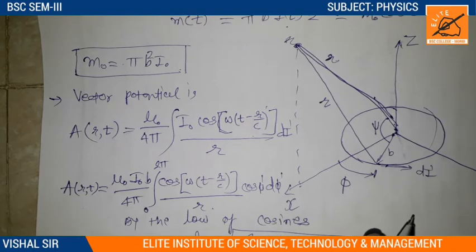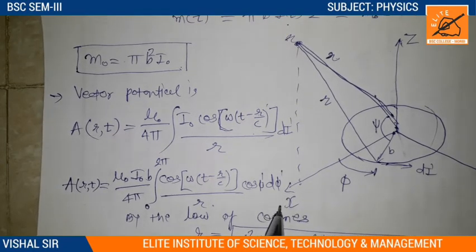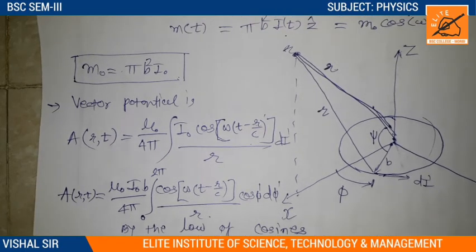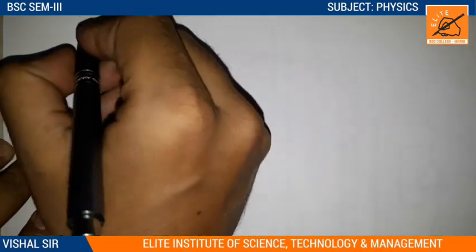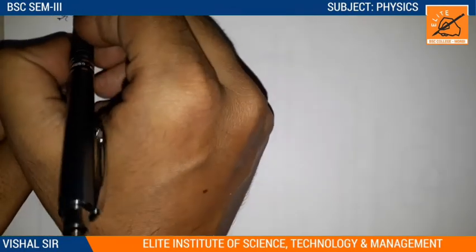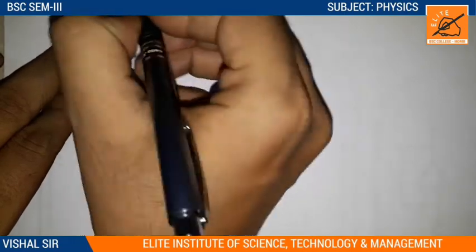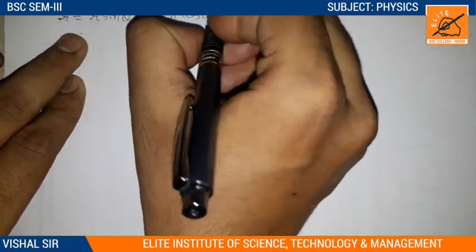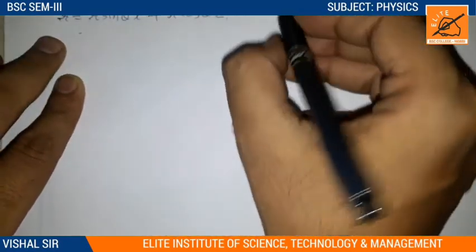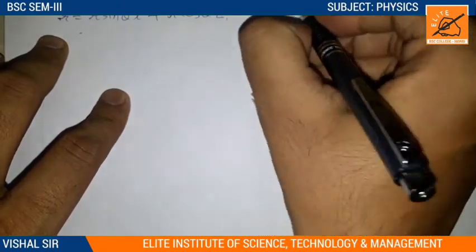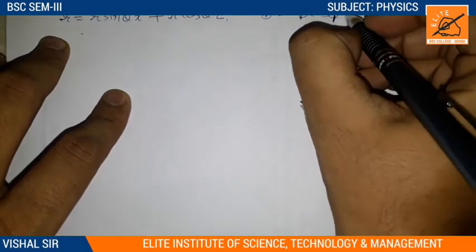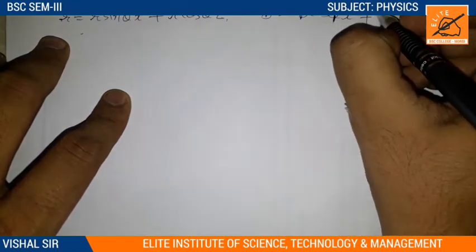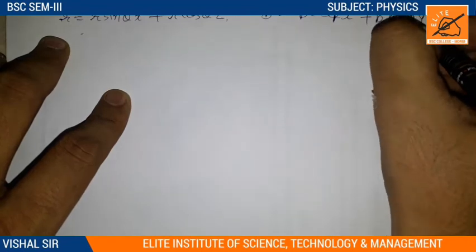Now if we divide this into r and b, we can write r is equal to r sin theta x cap plus r cos theta z cap, and b is equal to b cos phi x cap plus b sin phi y cap.